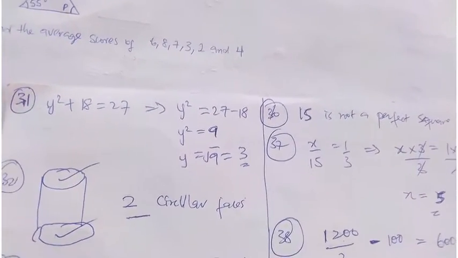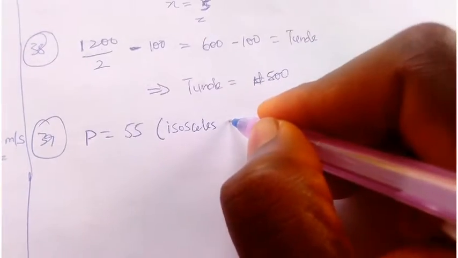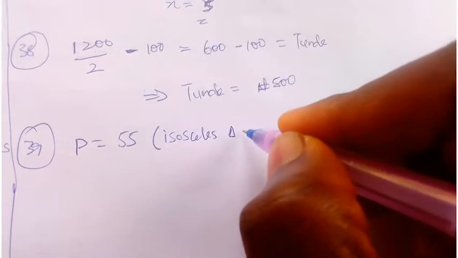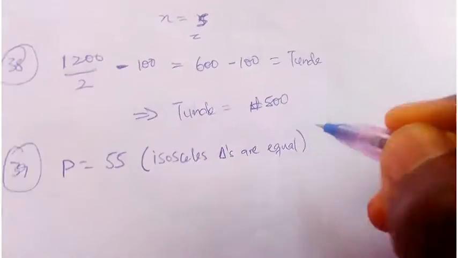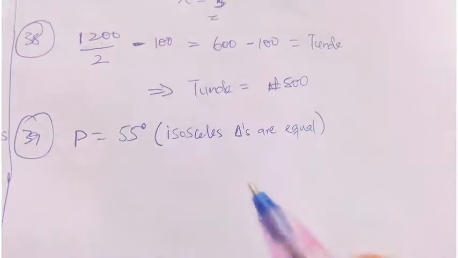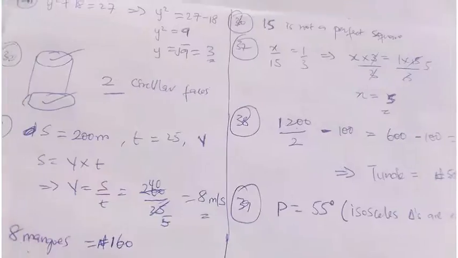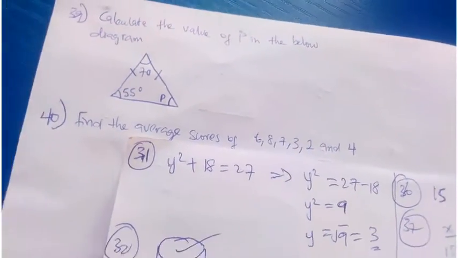The reason is isosceles triangle. Why? Because 55 degrees. Why? Because two sides of the triangle are equal, then automatically two angles are also equal.